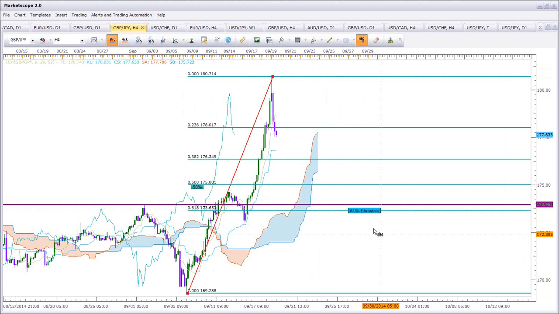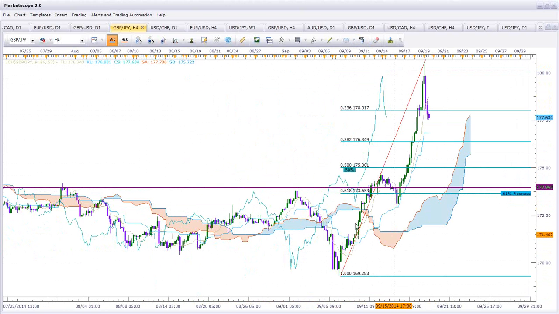So what happens now is that because the 61% Fibonacci level is very close, actually, if I look more closely, this is a level, this is a range. This top, the market was testing over here, the market was testing over here.